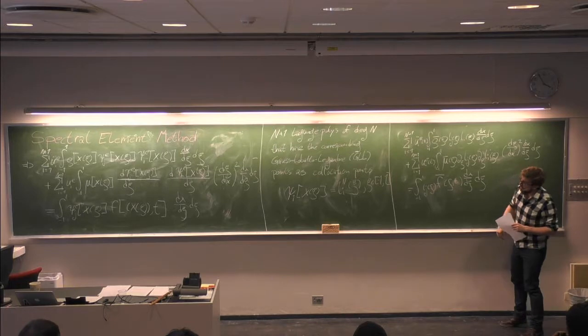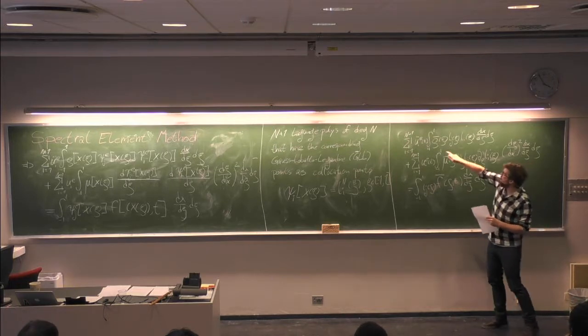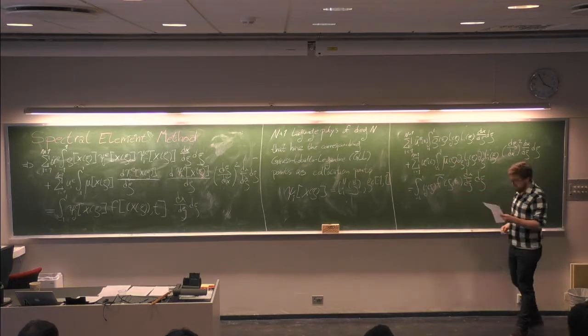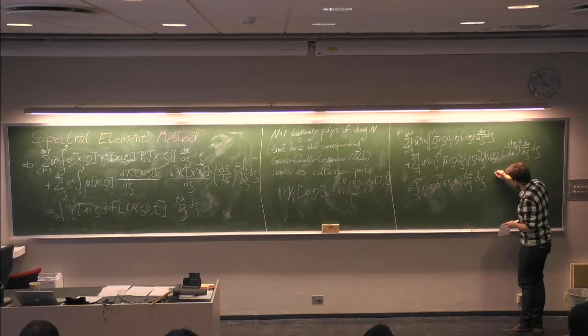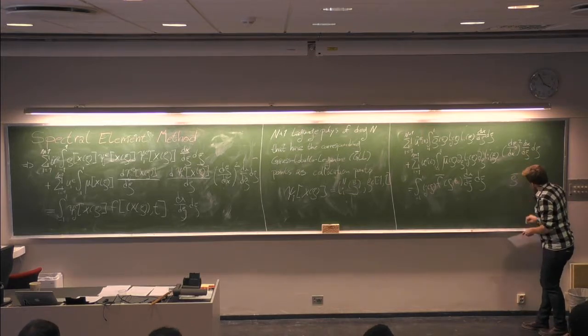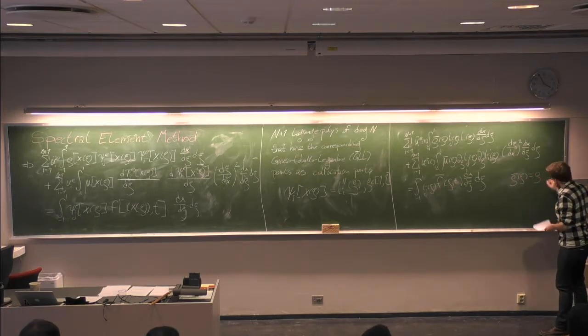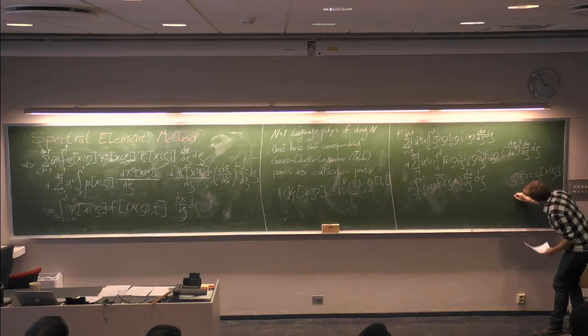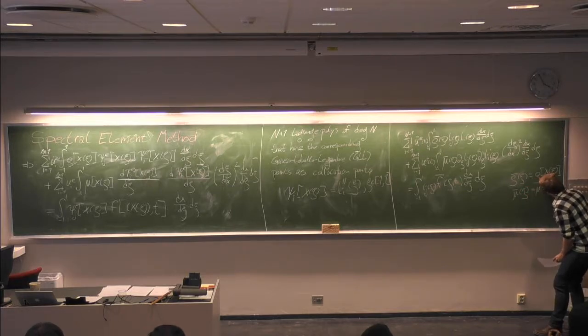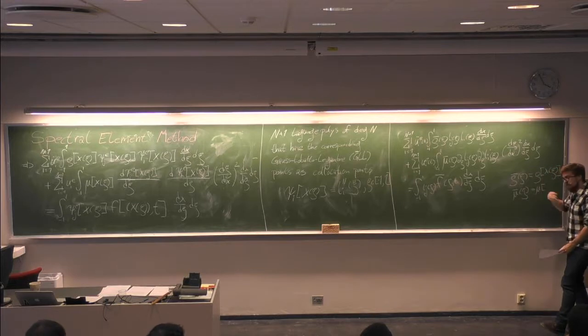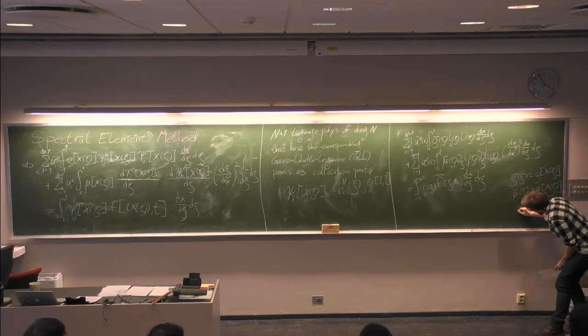So rho bar of xi is the same as rho of x of xi, mu bar of xi is mu. So kind of the transformed density and elasticity and, well, force.